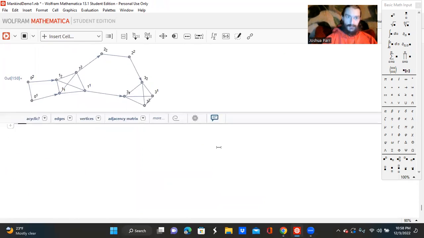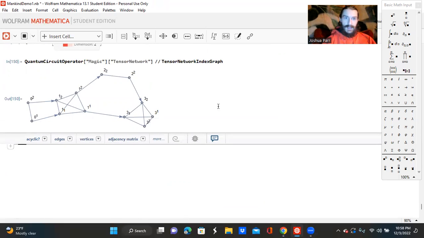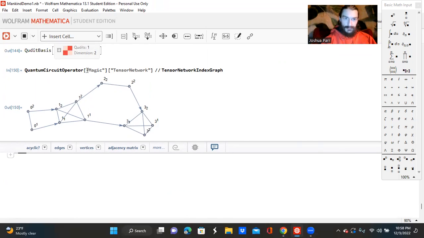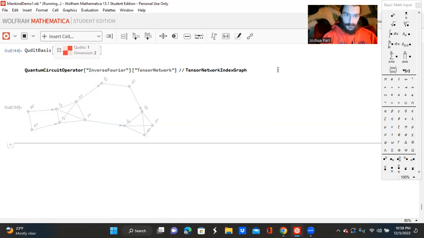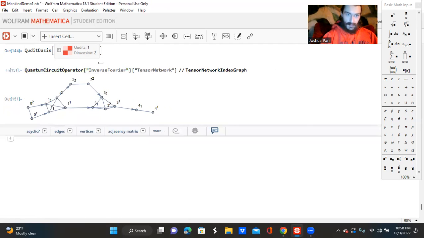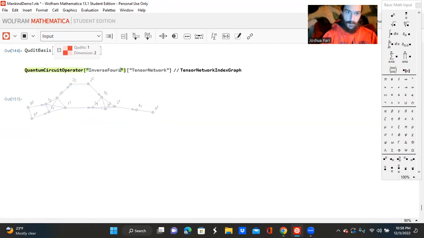And this will show you the exact tensor network and the directionality, the indices, names, weights if they have them. And this here, yes, the inverse Fourier.